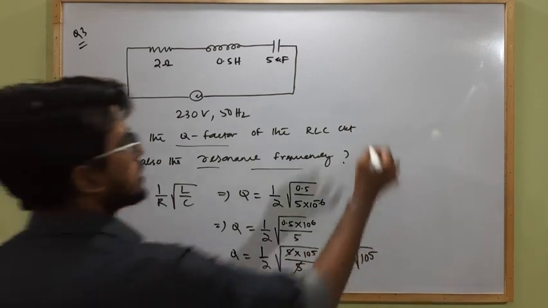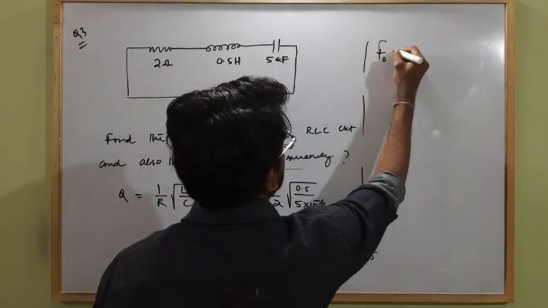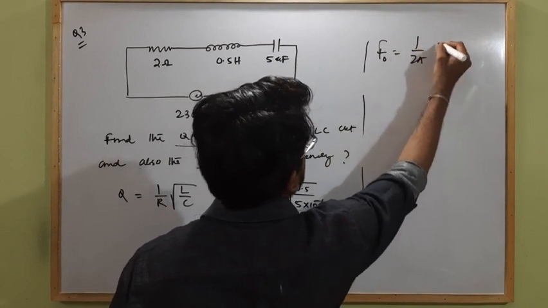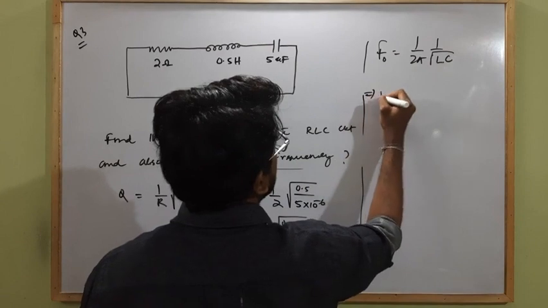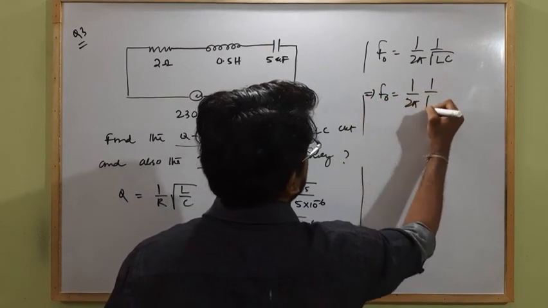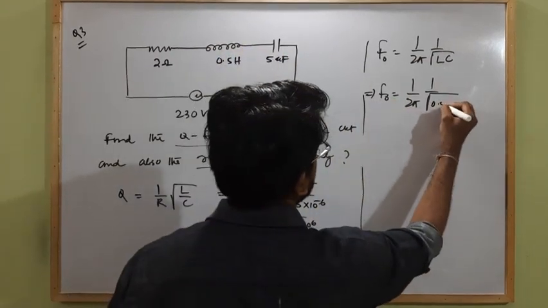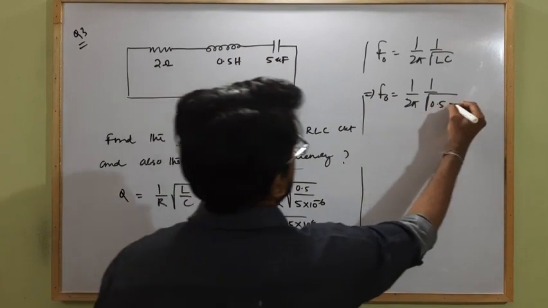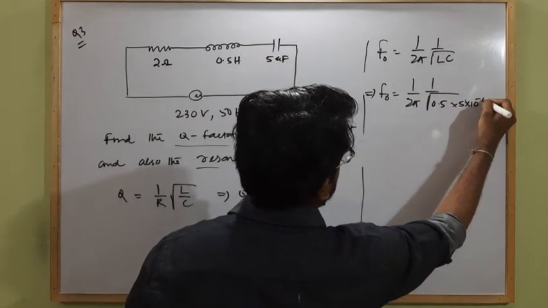Okay, and what is the resonance frequency? We know the resonance frequency F naught is 1 by 2 pi into 1 by root over of LC. So the resonance frequency will be 1 by 2 pi into 1 by under root L, what is L? 0.5 into what is C? 5 into 10 to the power minus 6.